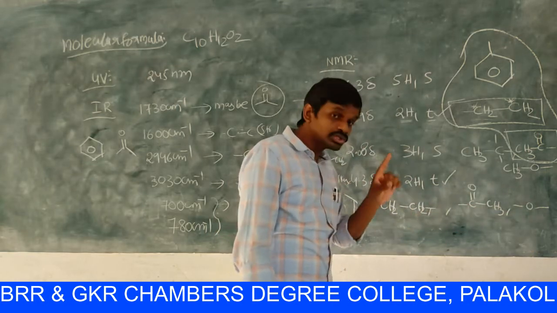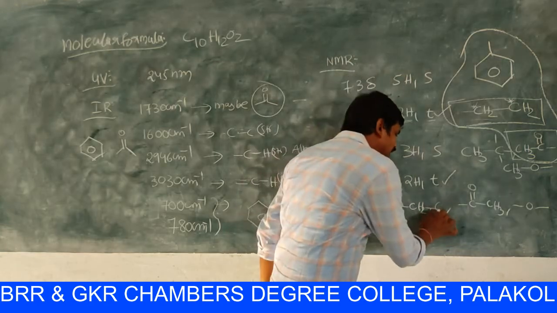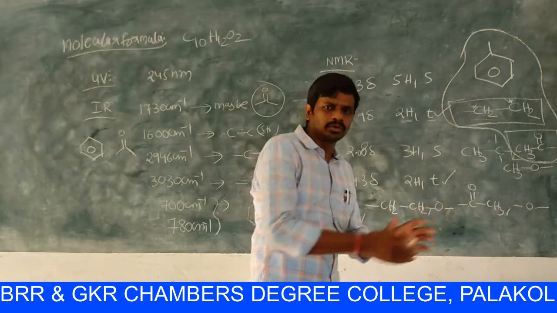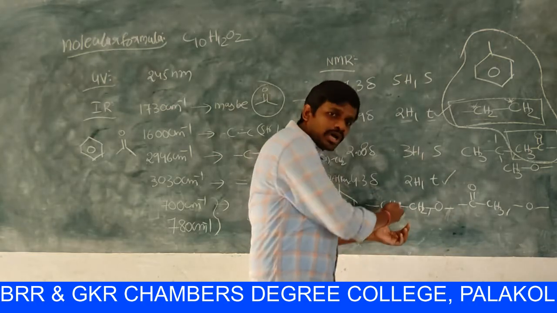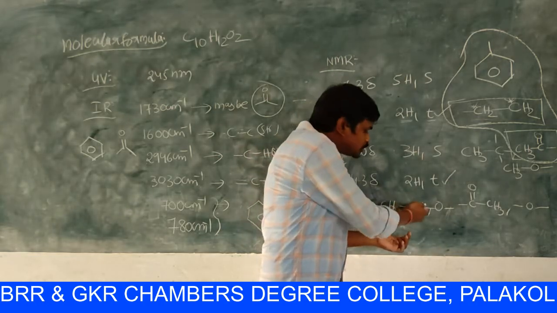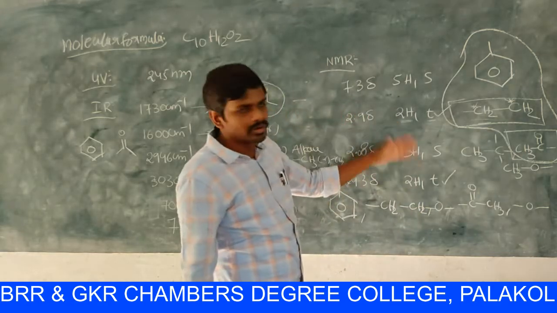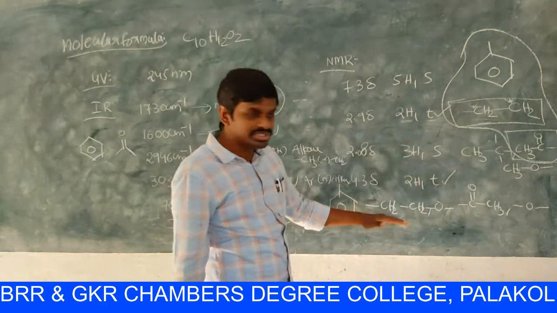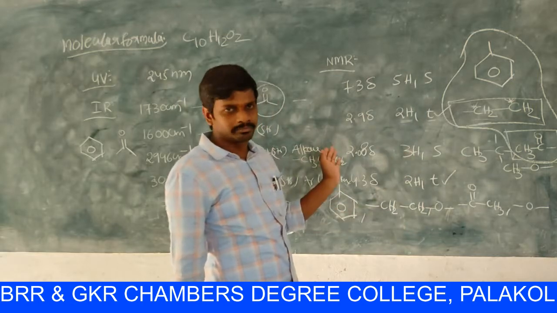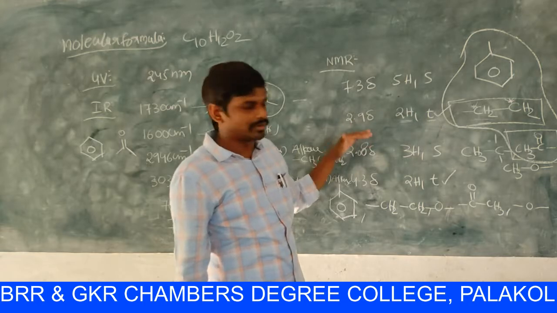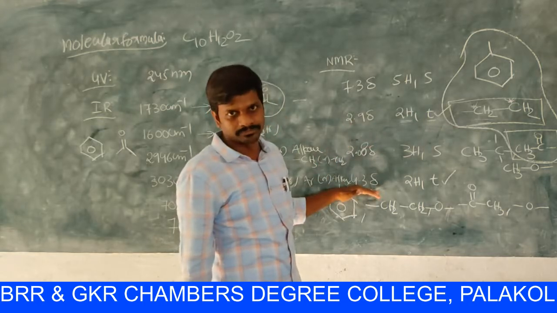In this, one CH2 is definitely attached to the oxygen atom, but the other CH2 is attached to some other group, because if this CH2 group were also attached to oxygen, then these two would be in the same environment, but they are in different environments. The chemical shift of this 2 hydrogen triplet is different from this 2 hydrogen triplet.